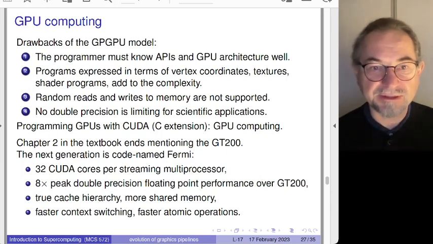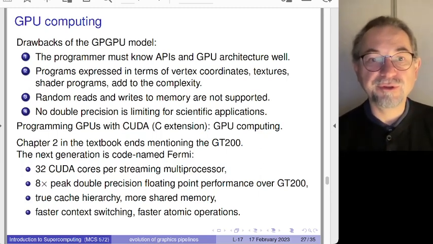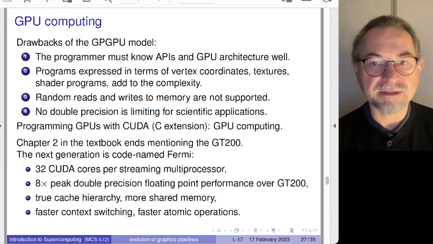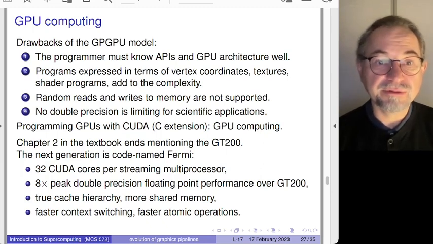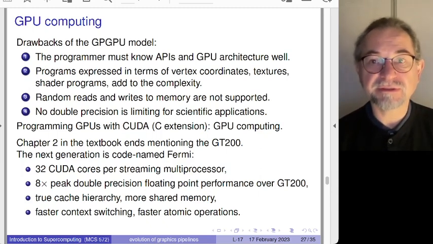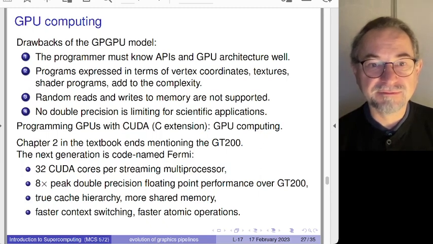Again, explaining a little bit the unified nature of this device architecture. C stands for compute, but C also stands for the C programming language, which is a general purpose language. Sometimes people refer to C as a language of the past.